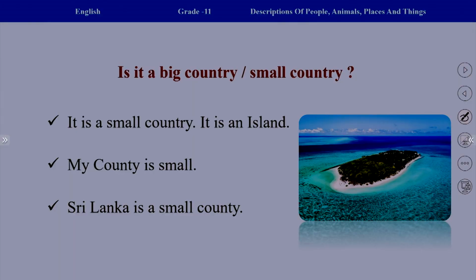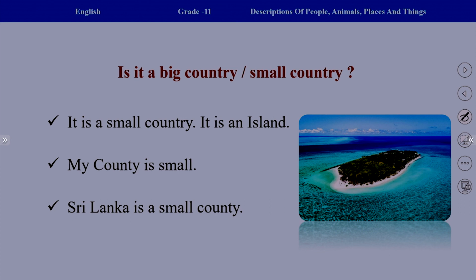Is it a big country or a small country? Yes, what's the answer? It is a small country. Everybody knows that my country is an island. So, you can write that as well. It is an island. My country is small. There is another way of writing the answer. My country is small.